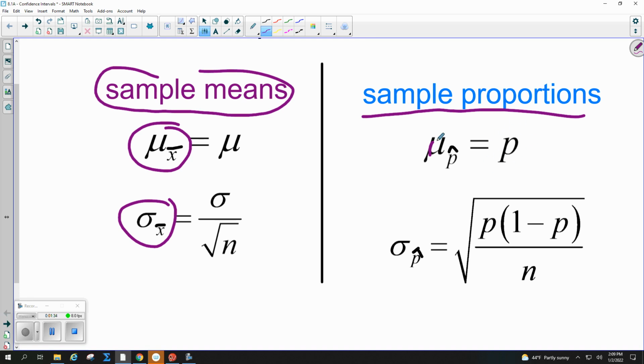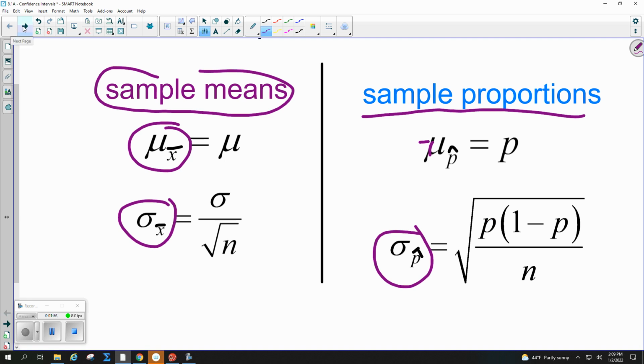So mu of p hat is the mean of all the little p hats. And this is our formula for the standard deviation of the sampling distribution for proportions: the square root of p times 1 minus p over n, p being the true proportion of red chips in the bag, and n being your sample size.